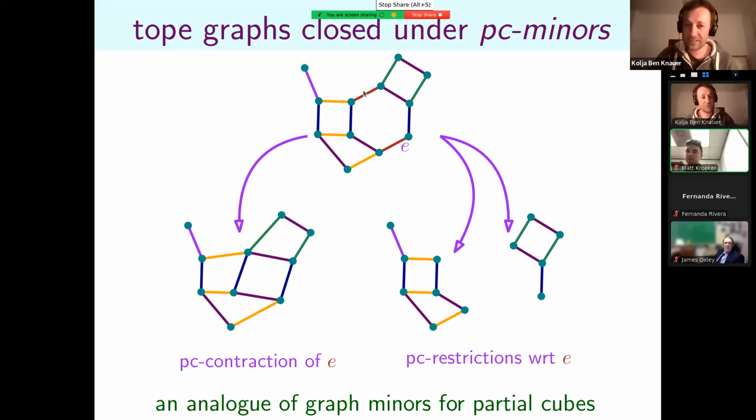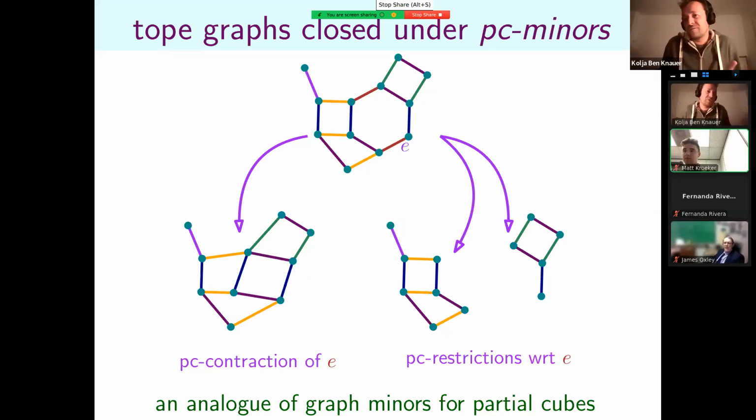I can either contract it, so then I get the graph on the left, or I can delete all the edges from the class, and I get two components, but each of them will also be a partial cube. So this operation preserves being a partial cube, and it also preserves being a tope graph of a COM.